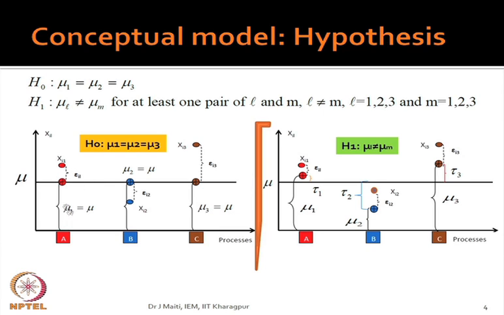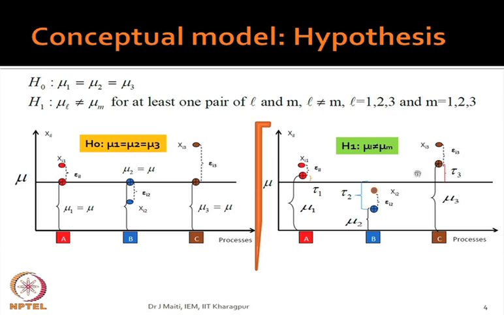Error in the sense, if you take any observation xi1 from the first process, and we consider that mu 1 equals mu, then the difference between the two, the observed value minus the mean value, is epsilon il. Later on we will see this is basically the error quantity. Similarly for mu 2 also epsilon i2, and for mu 3, the process C case, you are also getting epsilon i3. Now, come to the right hand side.